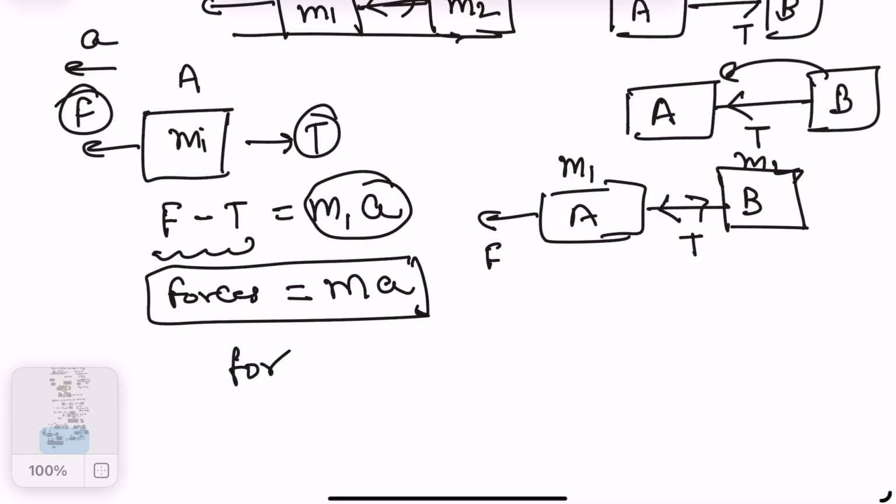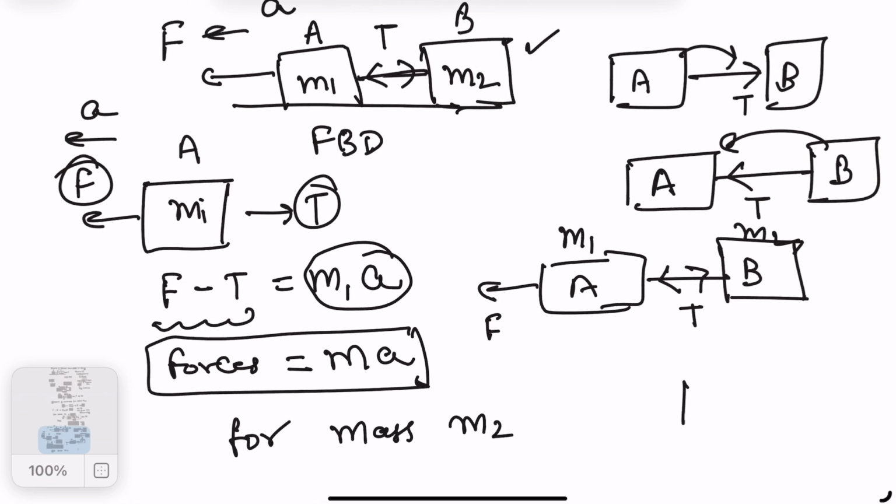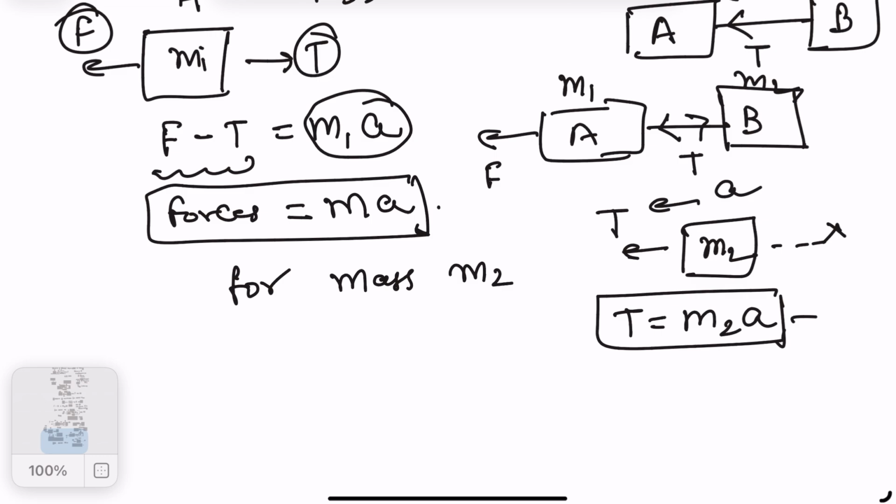Now for mass m2, in this problem you can see mass m2 and tension T is acting in this direction, no force in this direction. And since the block system is moving in this direction, I can write T is equal to m2 into A. This is my third equation and this is my fourth equation.